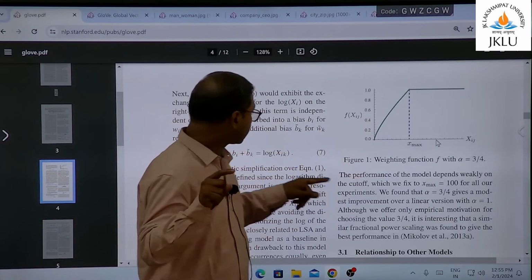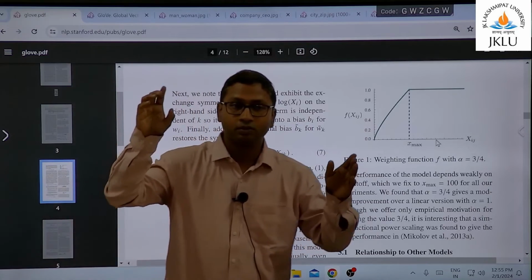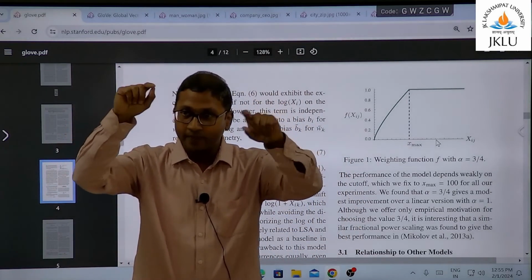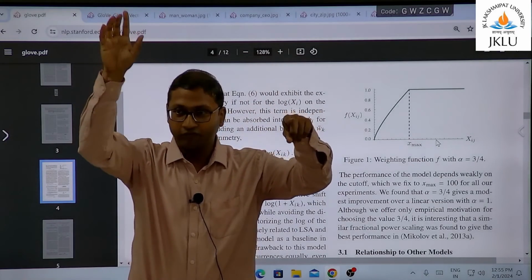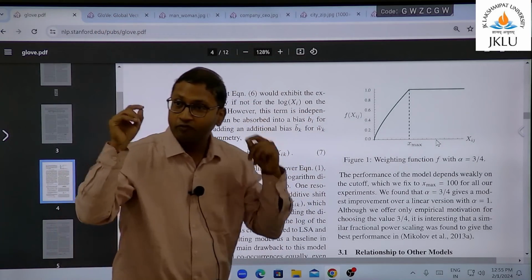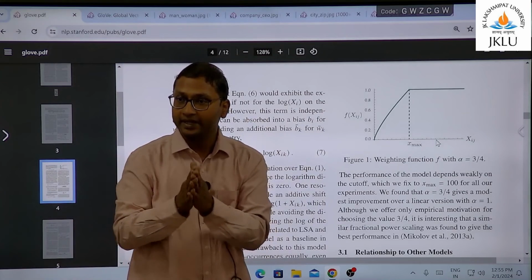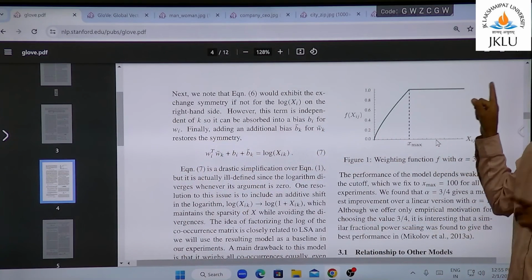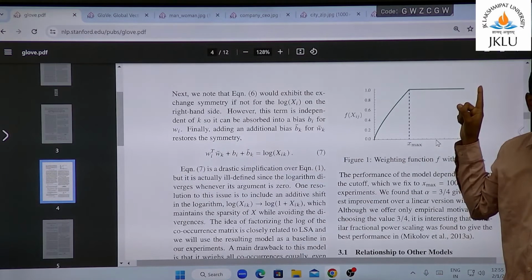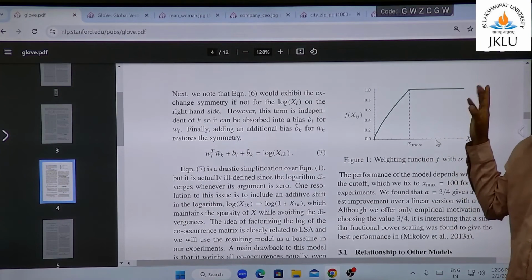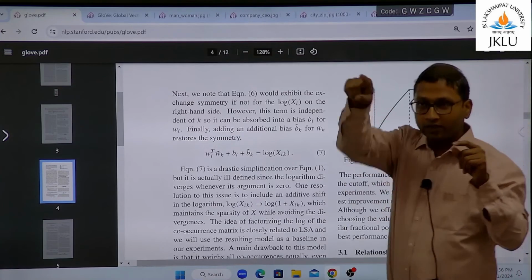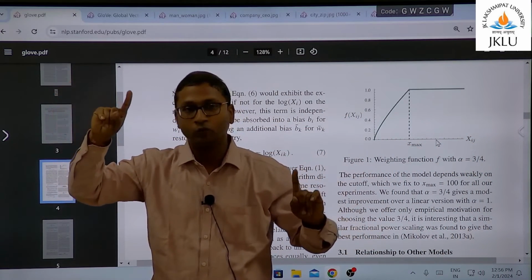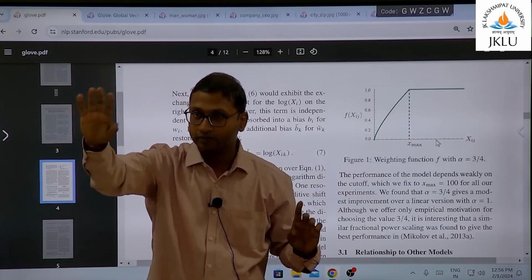So what was the function that we wrote down? x upon x max to the power alpha, okay. But 1 if it is greater than x max. So if this is your x max, this will flatten out to just 1. See this last part, does it make sense? If your x is greater than x max, then what do we do? Make it 1. It is written in there, right?